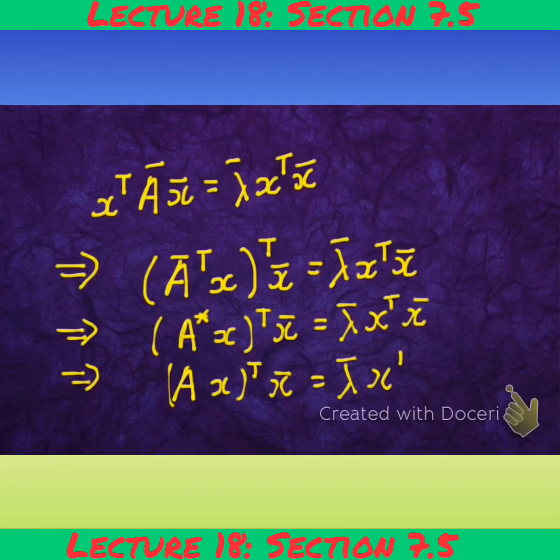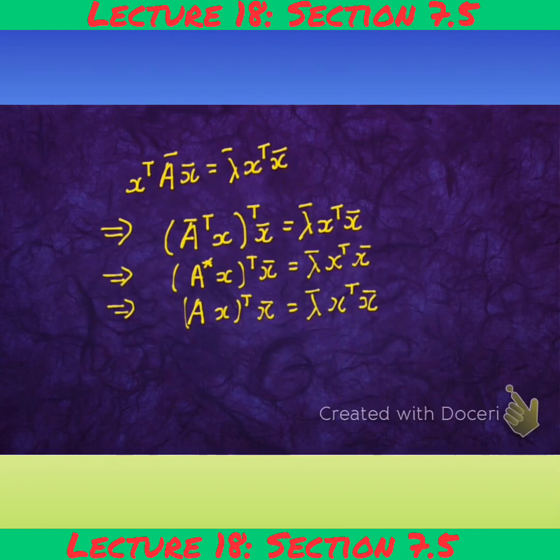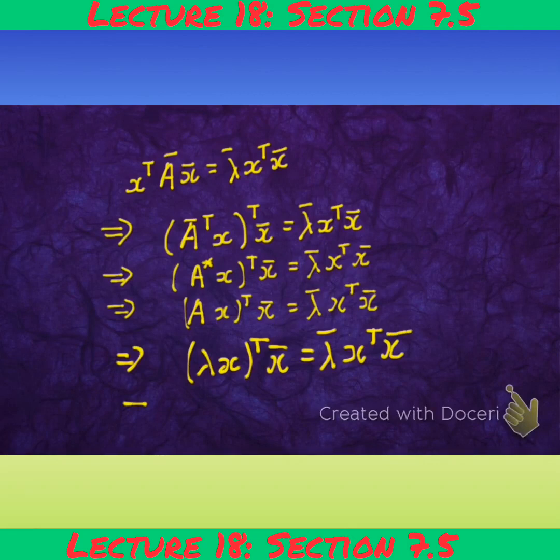Now we know that X is the eigenvector that corresponds to the eigenvalue lambda. So we can now replace that with lambda x. And that we can replace with lambda x transpose x, and x is a non-zero vector, therefore it has a non-zero norm.